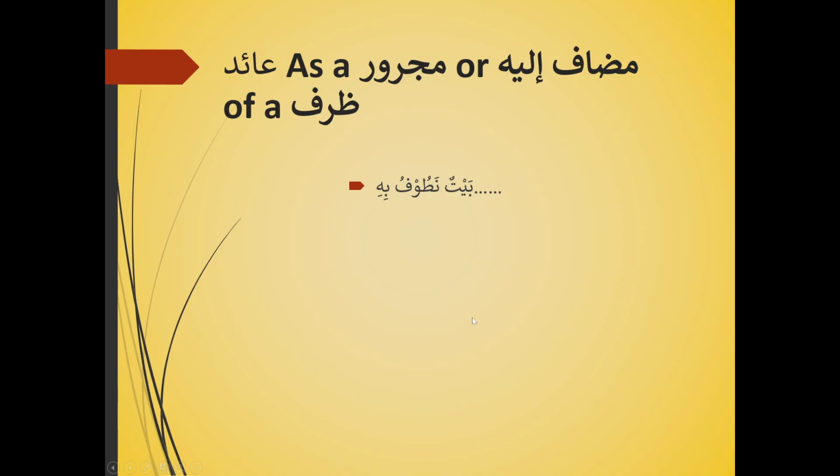Okay. Now, how do we translate this? Baitun natufu bihi. Natufu, to go round. Tawaf. Natuf is to go round. So na is we. A house we go round.